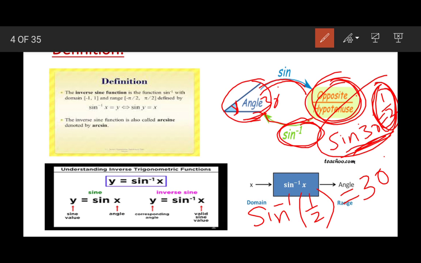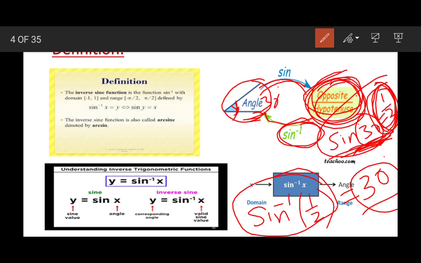Till now the angle was given and we were interested in finding the value, right? Theta is given, 30 degree is given, and we are finding the sine 30 degree value. Now the value is given, and we have to find the angle. For that we are using the concept of inverse. So sine inverse 1 upon 2 is equal to 30 degree.